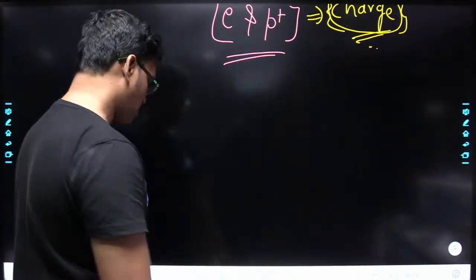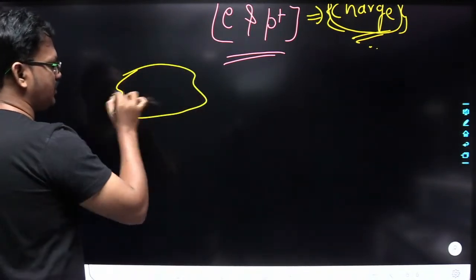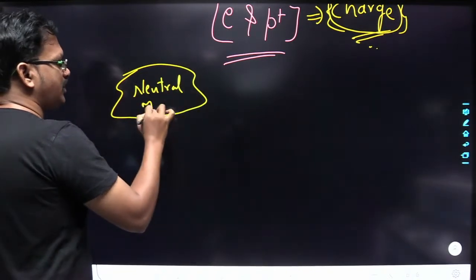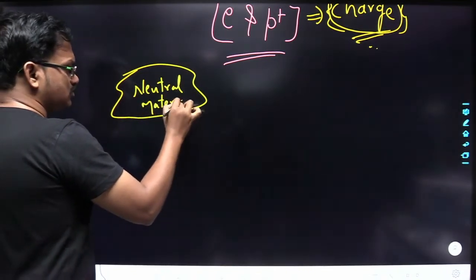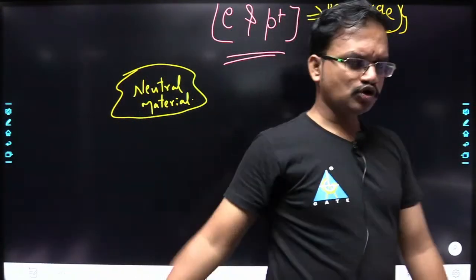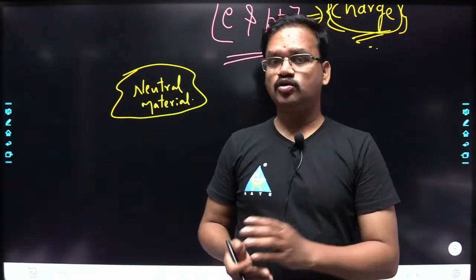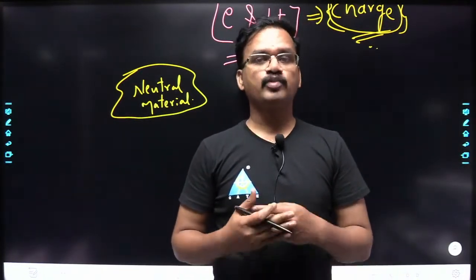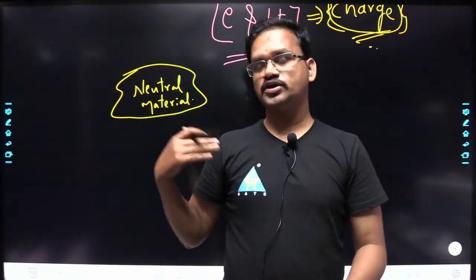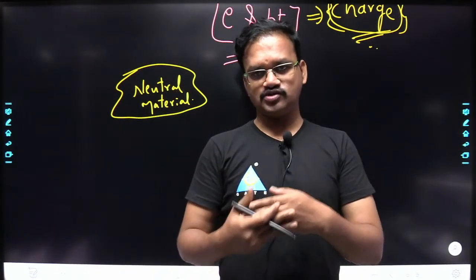Now if you consider some neutral material, inside that neutral material you are going to have a huge number of protons, that means a huge number of positive charge carriers, and also a huge number of electrons, that means a huge number of negative charge carriers.